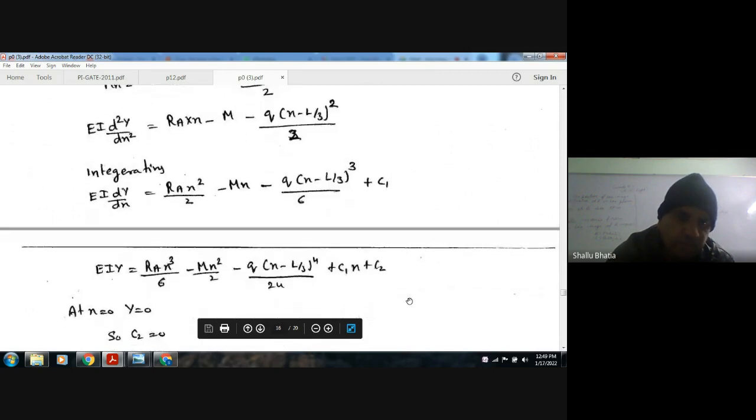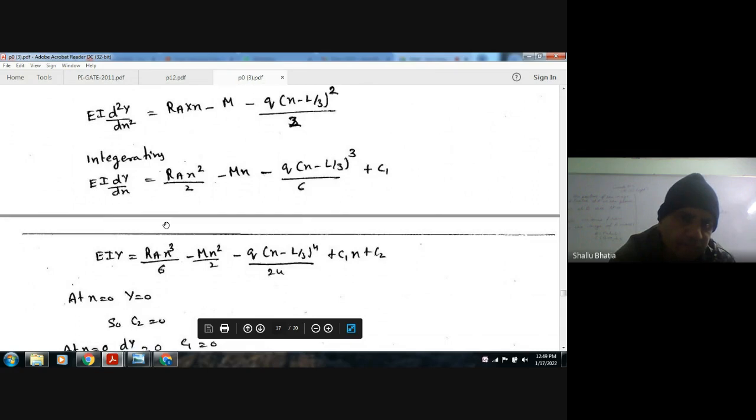Integrating again, EI y equals R x cube by 6 minus M x square by 2 minus Q (x minus L by 3) to the 4 by 24 plus C1 x plus C2. In this method we do not open the bracket; we integrate taking it as a variable term.